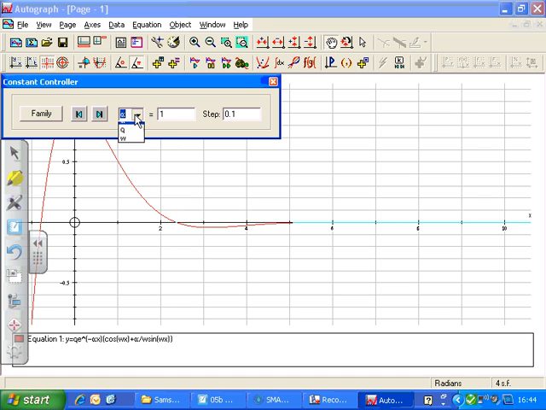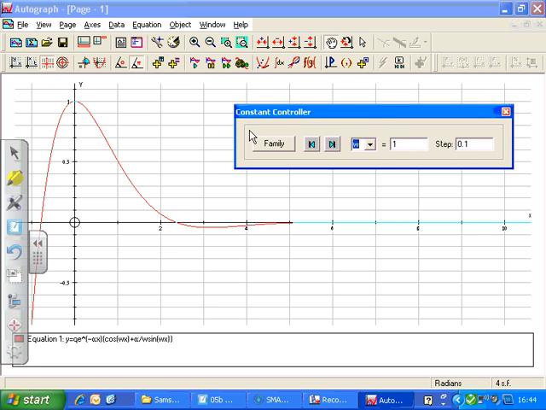So alpha is set at 1, Q is set at 1, and omega is set at 1. So the initial charge is 1, which you can see up there. I can change the value of the initial charge, but that's not the interesting one. The interesting ones are alpha and omega. If I change omega, that changes the rate at which it oscillates.